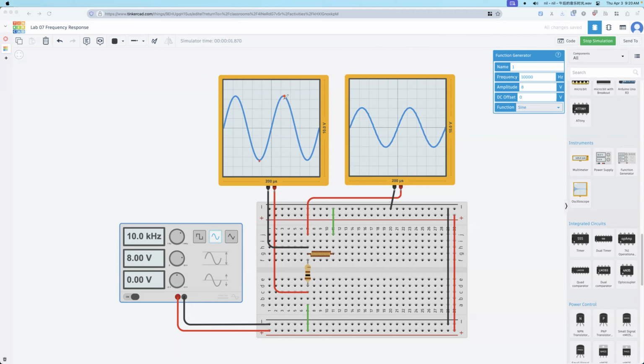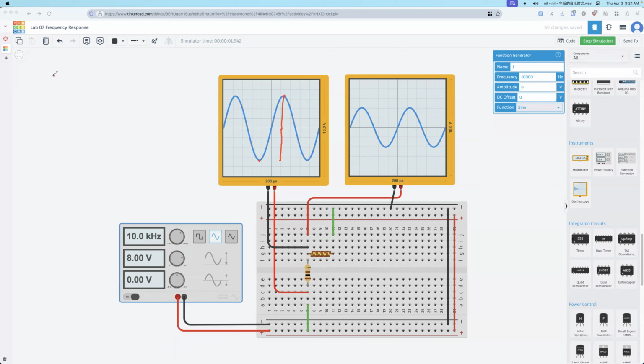So this may be 0.2. So 1.2, 2.2, 3.2. So actually we know this is symmetric with this line, right? So total should be 6.4. So let's keep going. So 4.2, 5.2, then 6, another 0.2.